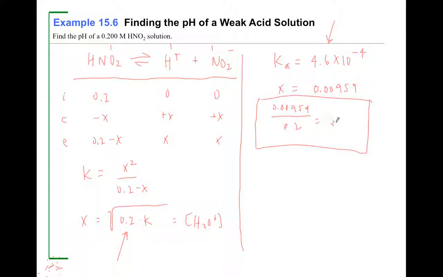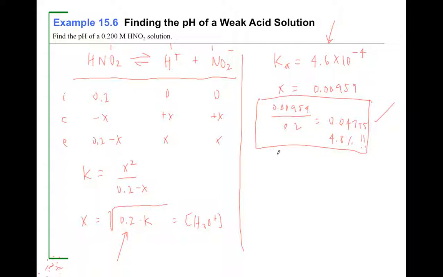This comes to be 0.04795. Wow, which is 4.8%. Okay, so it fits the x is small approximation, but barely, right? So let's go ahead and assume it. We're going to say, all right, check mark. We're good. So this is x.